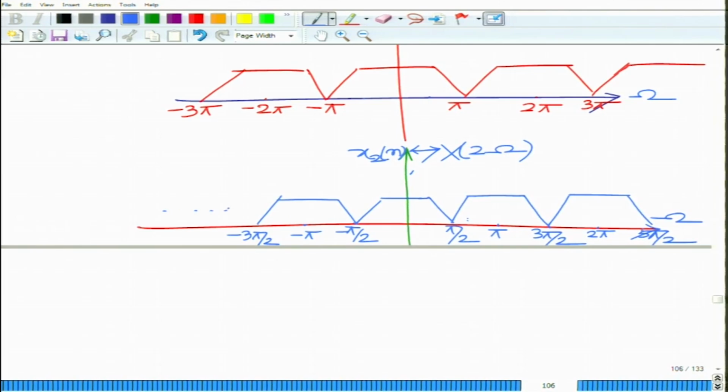So, this is basically your x of 2 omega. Remember, what is at 2 pi will come to pi.